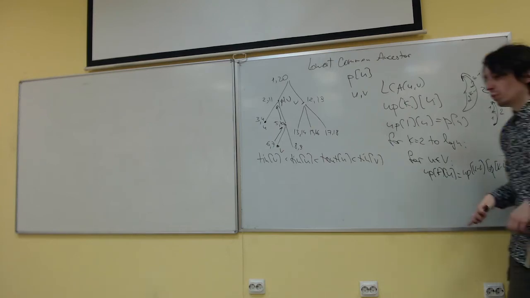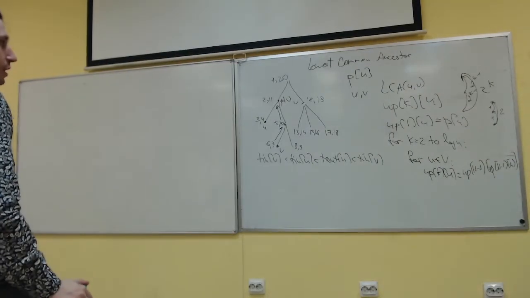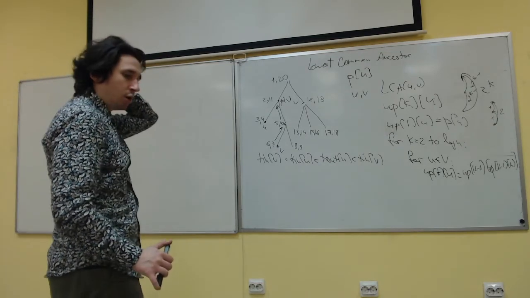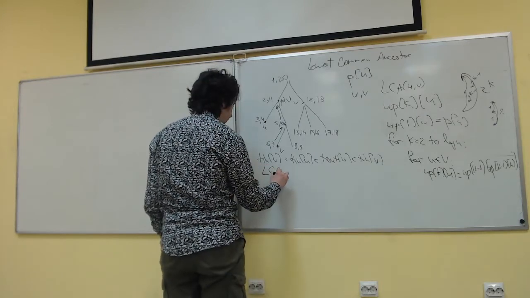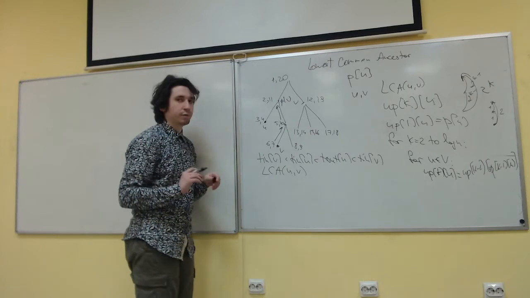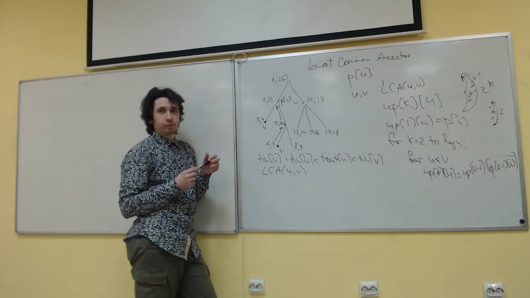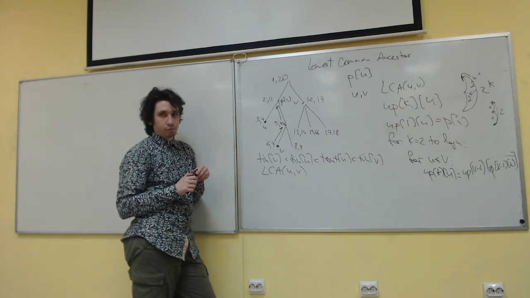Okay, we now know how to jump faster. Then how to find the LCA in logarithmic time? If we just iterate through this up table, it would be like a binary search.